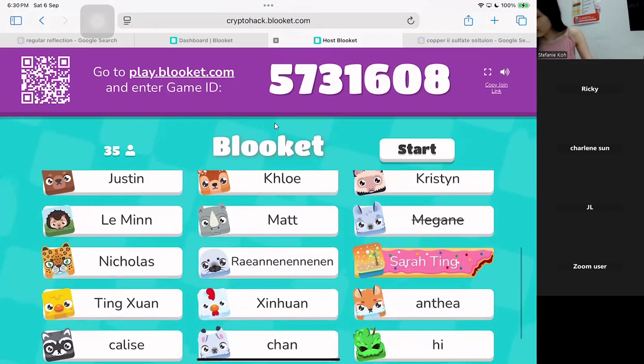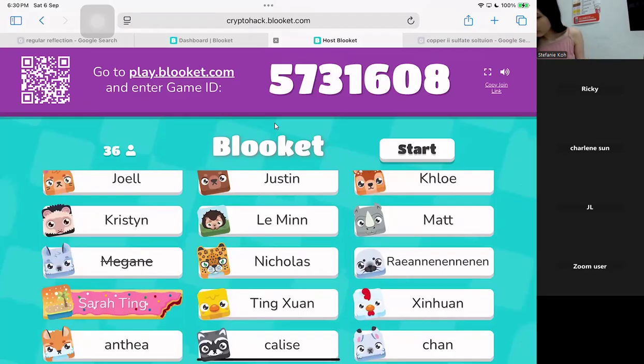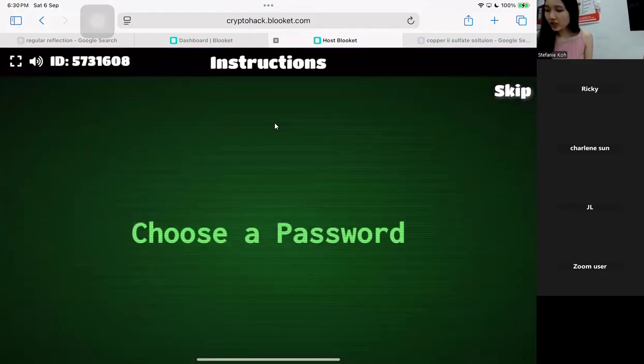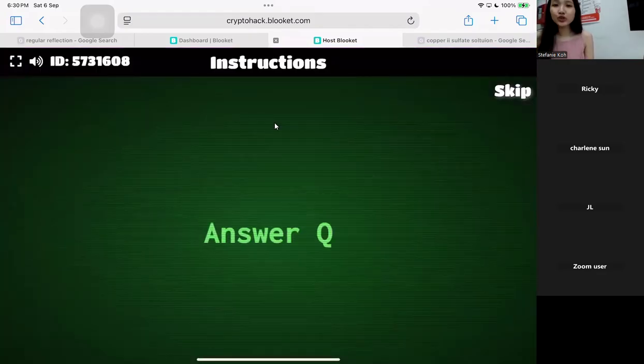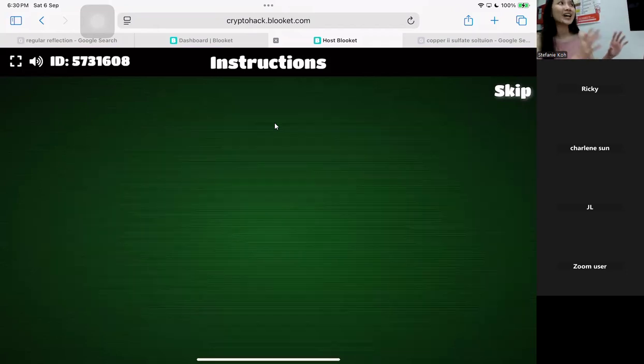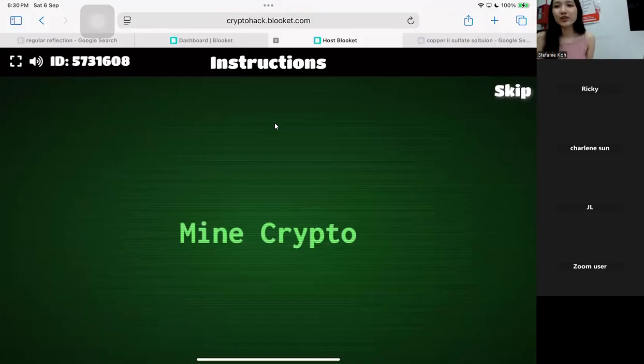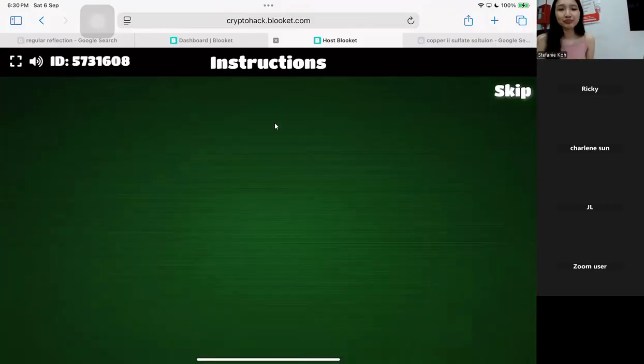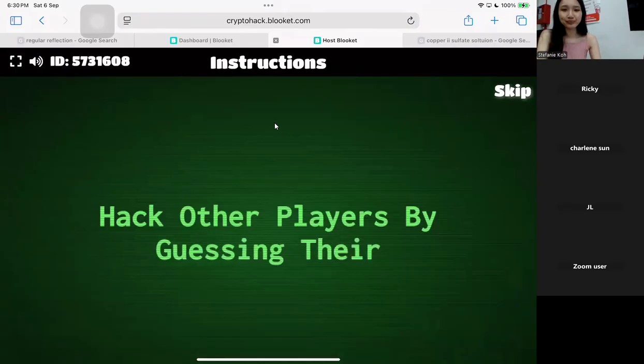Instructions for those who have never played it before: you choose your password, you answer questions, and then you try to hack other people's passwords. Then you get the points. The highest points win.